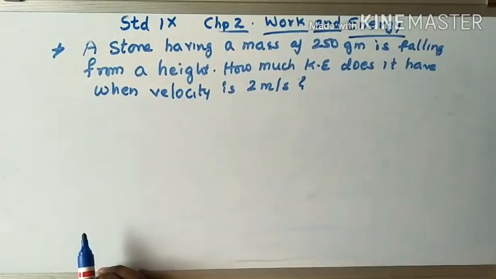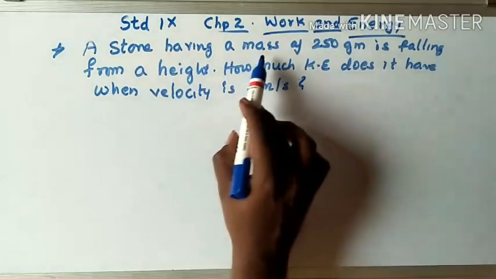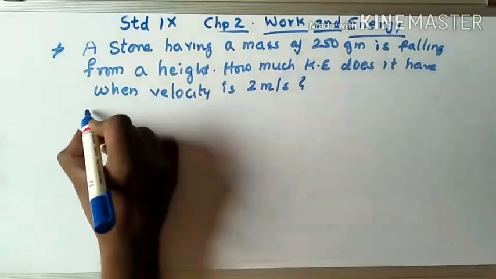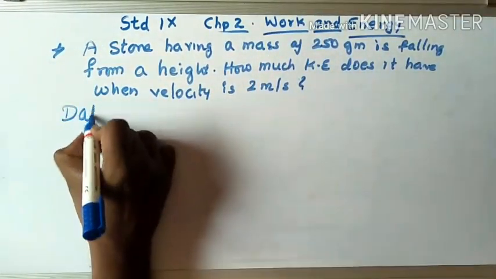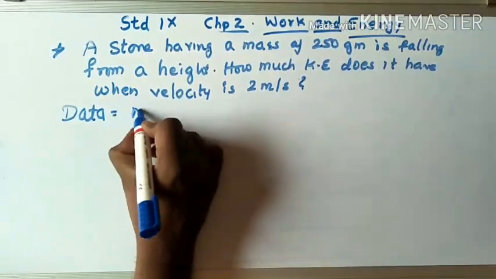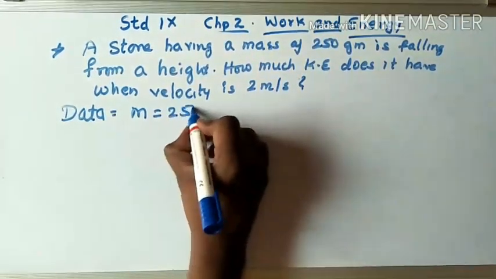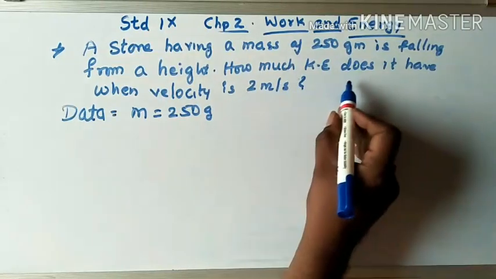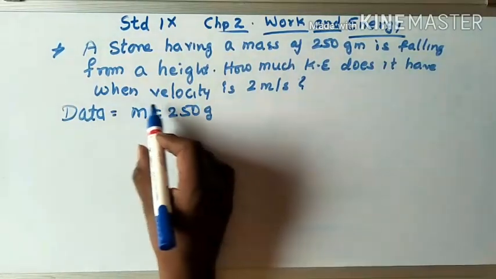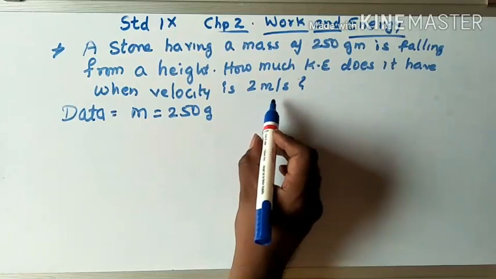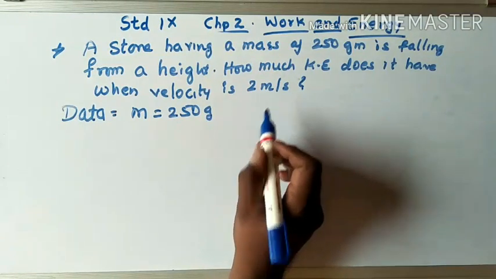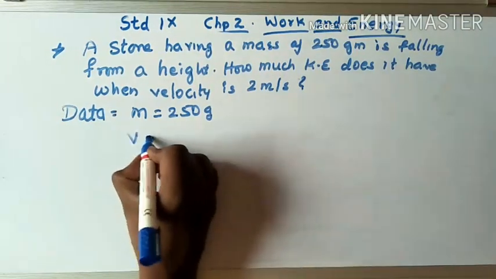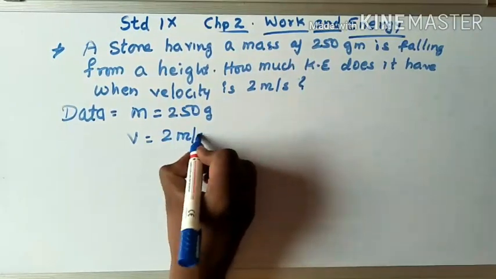So let's have some problems. A stone having a mass of 250 gram. So here we'll write the data. Mass m is equal to 250 gram, falling from a height. How much kinetic energy does it have when velocity is 2 meter per second? So here velocity is equal to 2 meter per second.